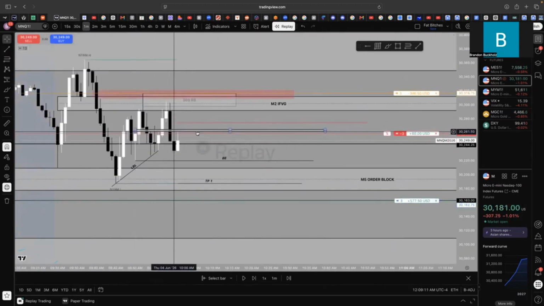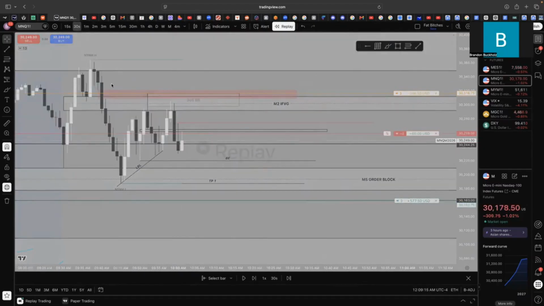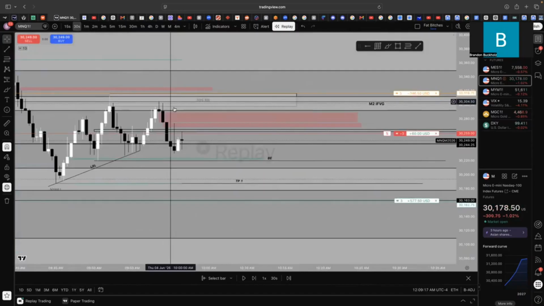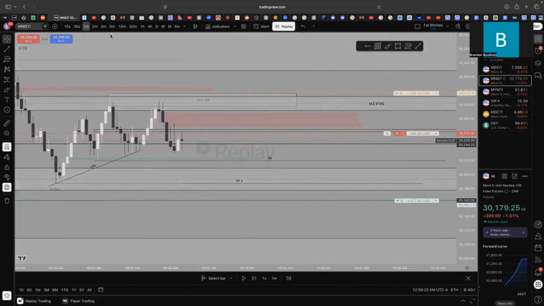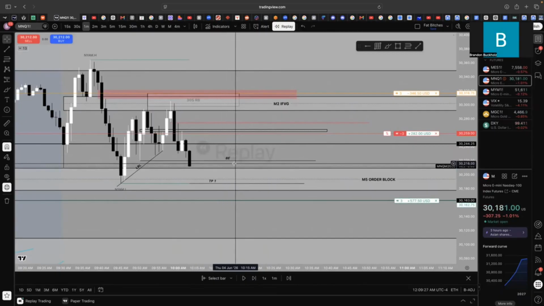We have inversed this 1 minute right here, which gave us our entry. We have also respected this 30-second rejection block right here. We close below our break even. We're now able to take our break even.